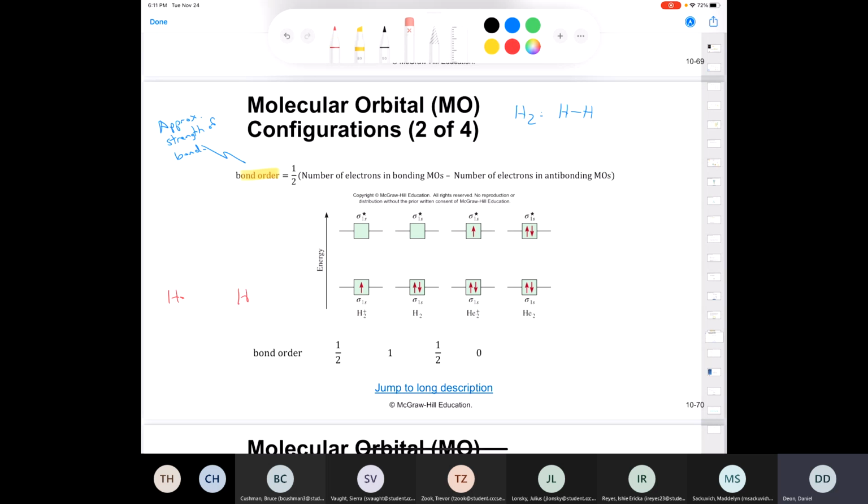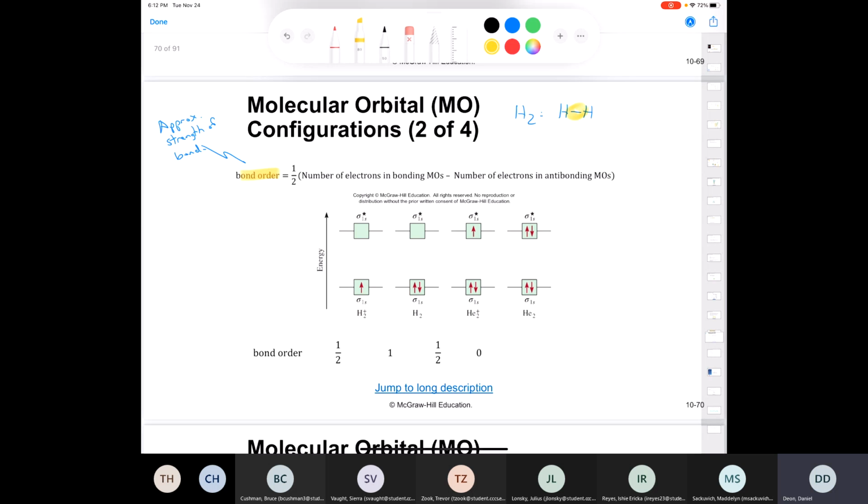And we know that that electron comes from a 1s orbital. So we're going to get a sigma 1s bonding molecular orbital and a sigma star 1s. Right? The same thing applies to all four of these molecules on this page because they're all involving elements from the first period.